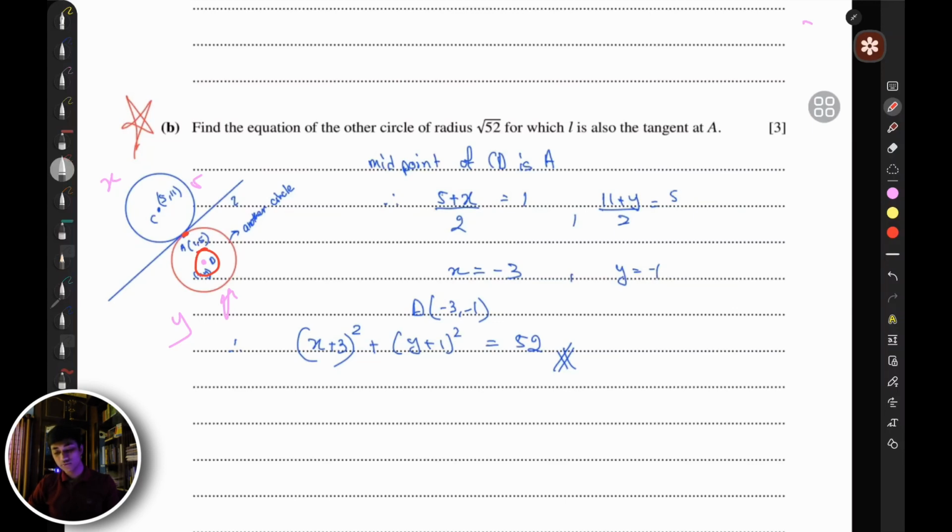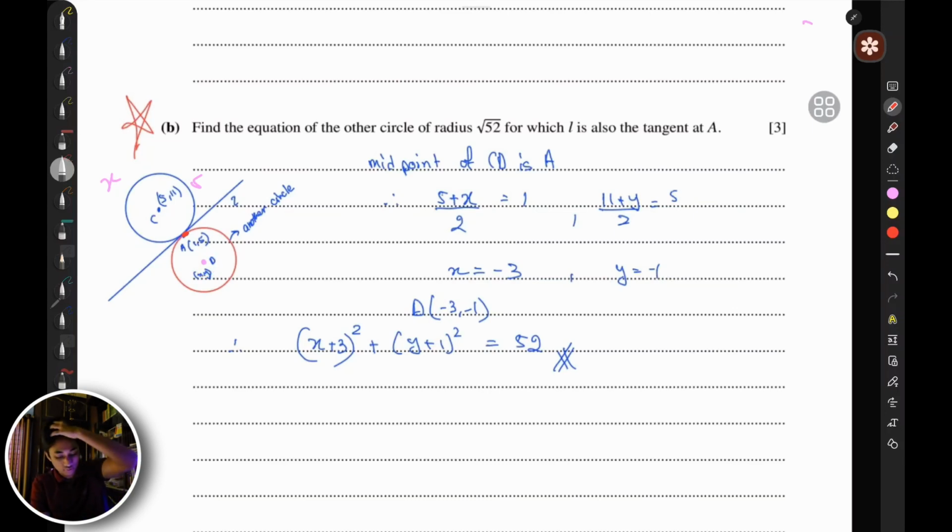Okay, so they want to know the equation. Yeah, the equation of the other circle, which is circle Y. So first of all, you need to find the coordinates of the center D. You already know the radius, so you don't need to worry about that. Simply find the center coordinate.